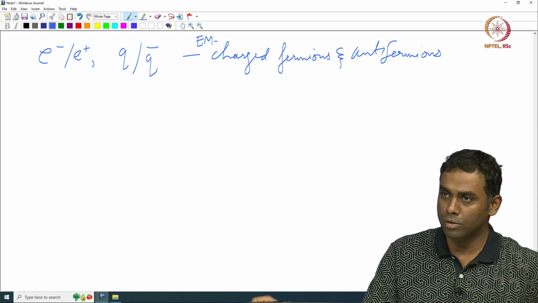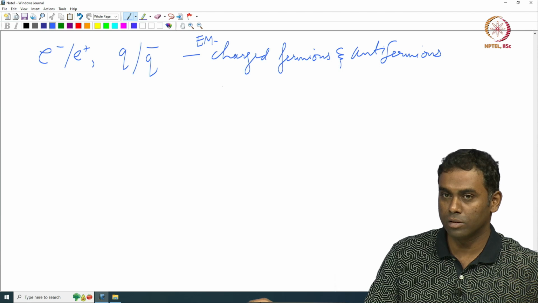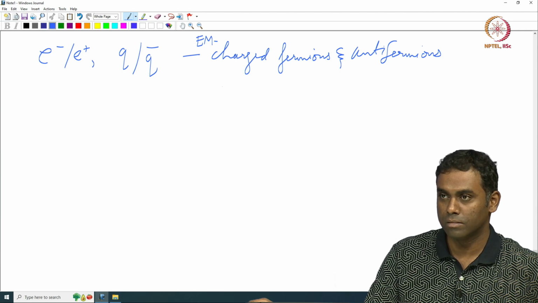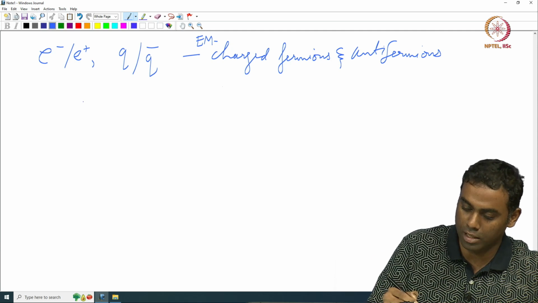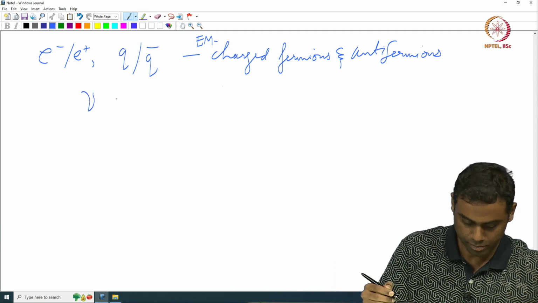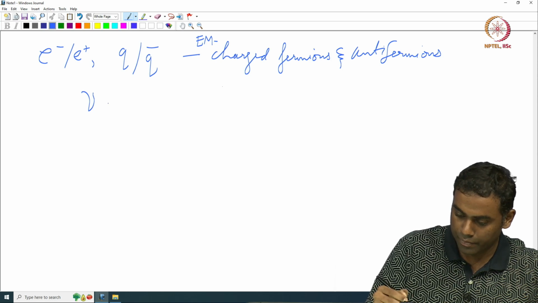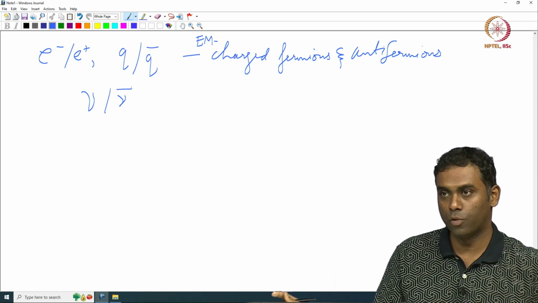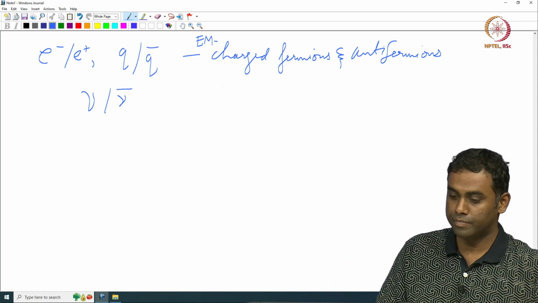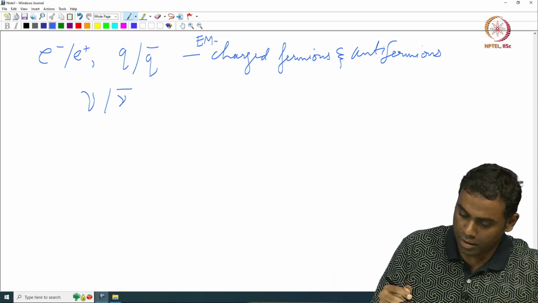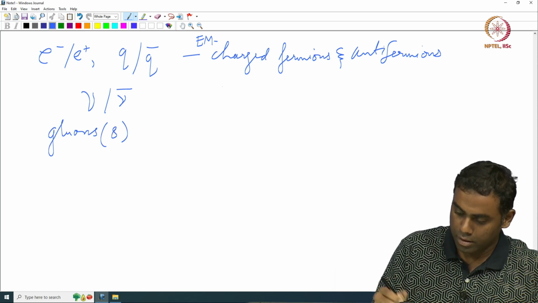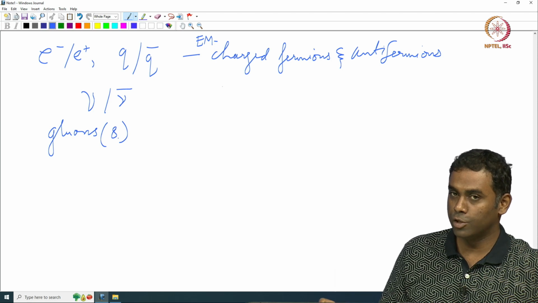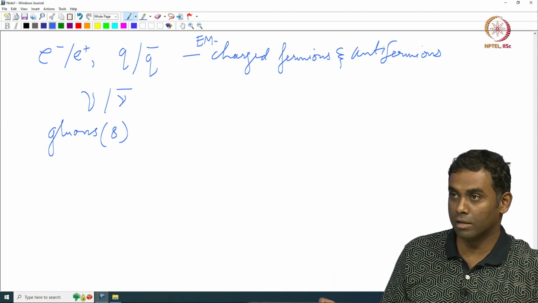Are there any electrically neutral fermions at the fundamental level? Neutrinos, good. So from the ingredients that we wrote down last time, we will also have neutrinos and possibly antineutrinos. We will still have the gluons intact, because the SU3 did not break, the color group did not break.